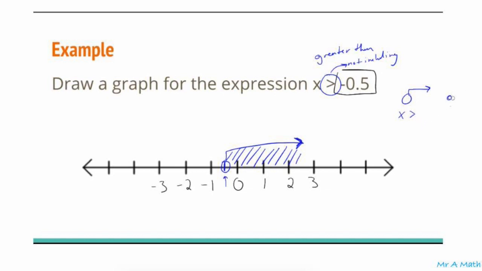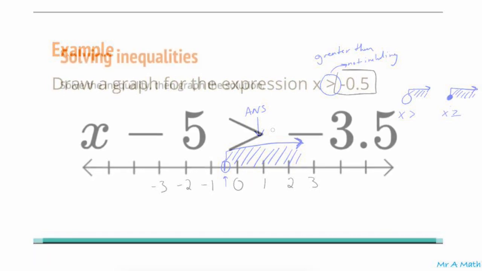A closed circle, which means I have it shaded in, would mean, and let's shade these in too, a closed circle like this would mean x is greater than or equal to that number. So this would be my answer for this picture. So not too difficult, but drawing the graph is probably going to be the most time-consuming thing.